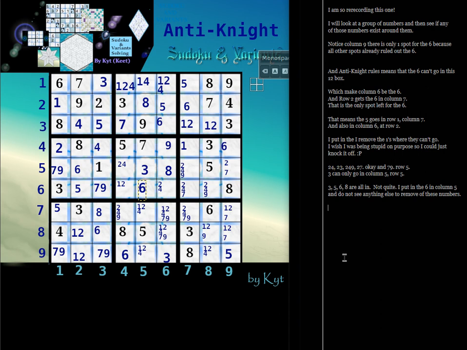Okay, notice in column 4, that I can only put a 9 in row 7.